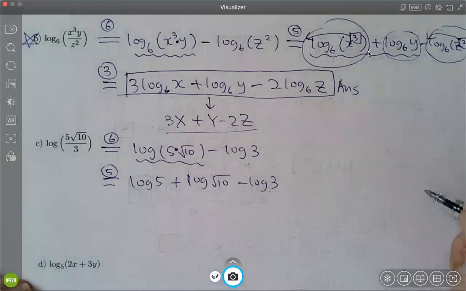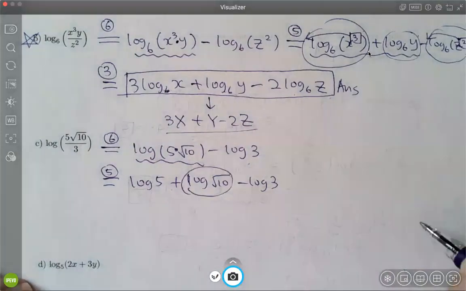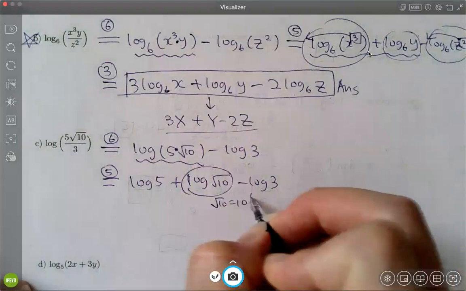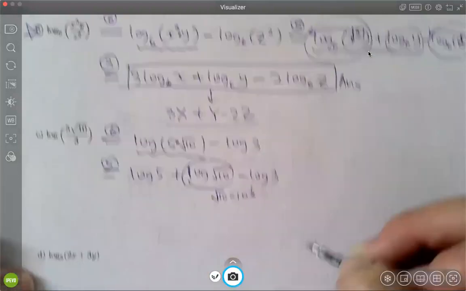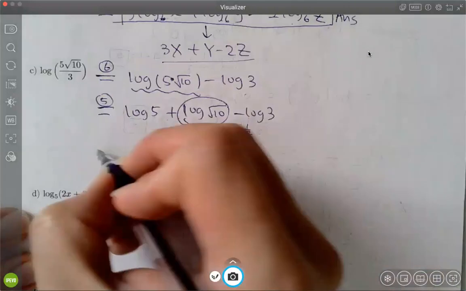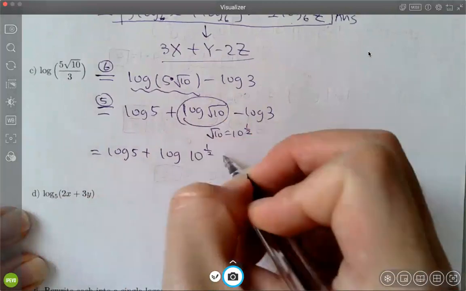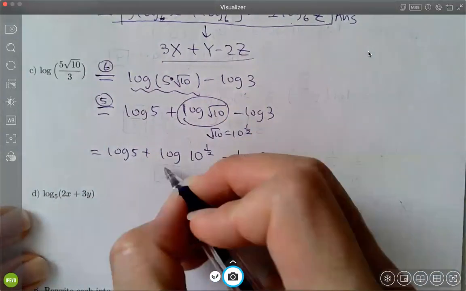And now, which log can be simplified further? This one. How? Because square root of 10, remember, is 10 to the power 1/2. So we have log 5 plus log 10 to the power 1/2 minus log 3. And now, what is this?